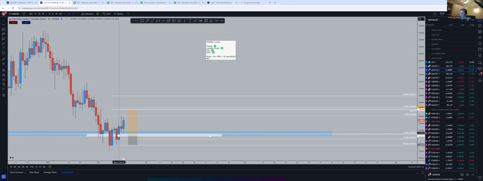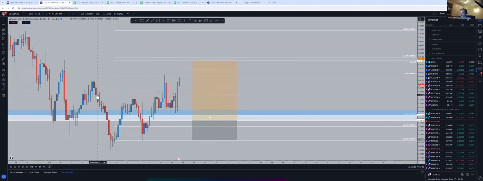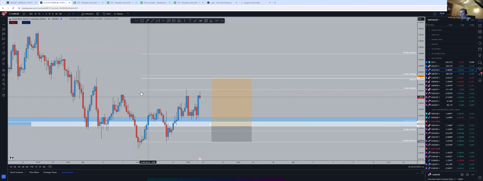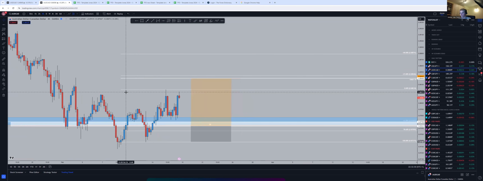We have here a potential pattern within a pattern, small pattern. And on the 4 hour, what can we see? The 4 hour isn't switched yet. Because you can see we had here an impulsive move, correction, impulsive move, potential correction going to the downside.